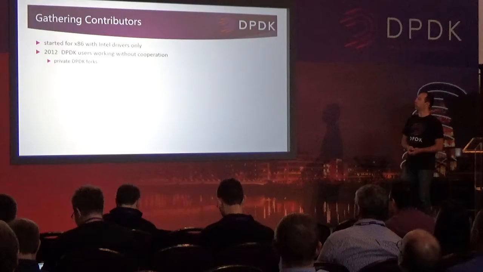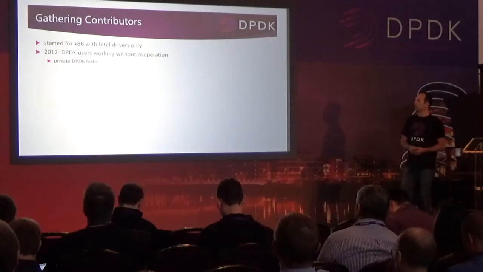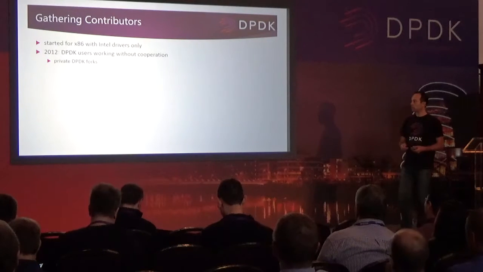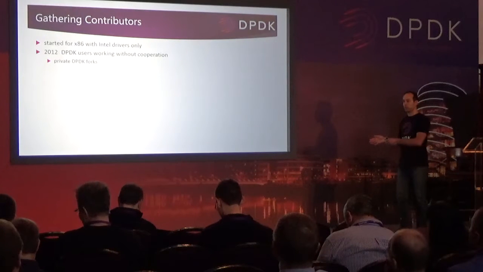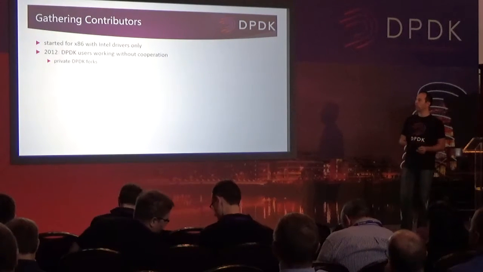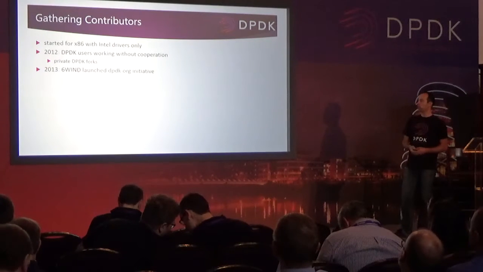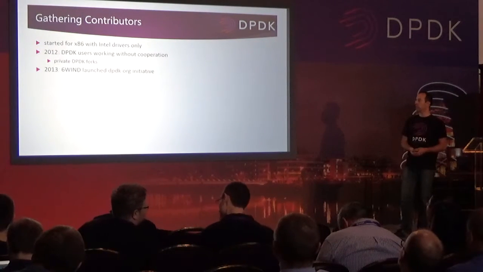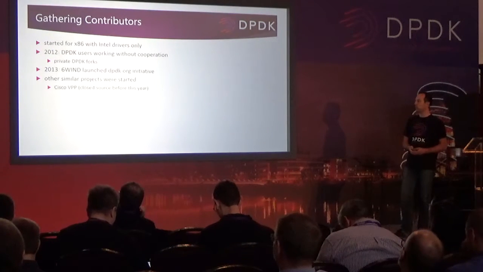At the beginning, it was Intel DPDK, and people were working on it separately. We were seeing some improvement somewhere, but it was not shared with everyone. Then, since dpdk.org was launched by 6WIND, we can gather every contribution. That's really nice.